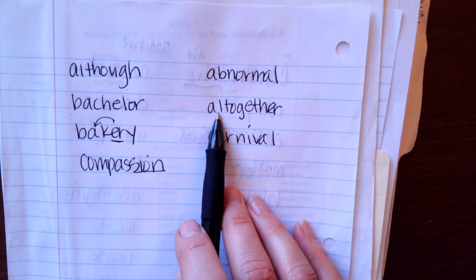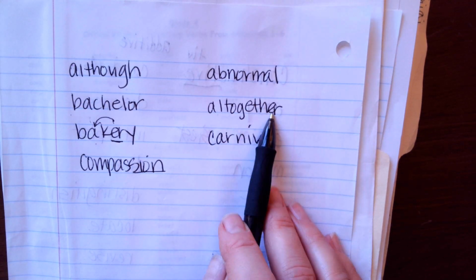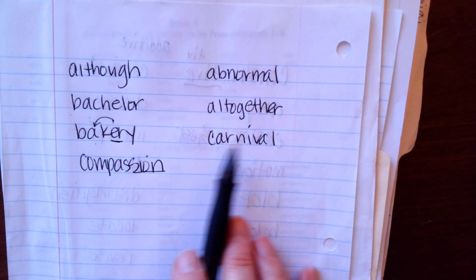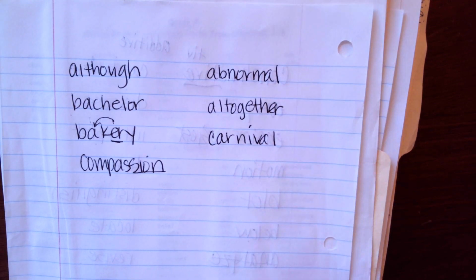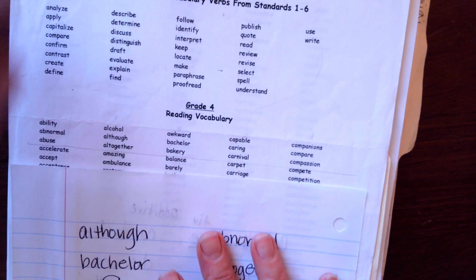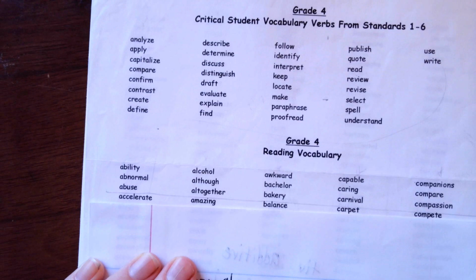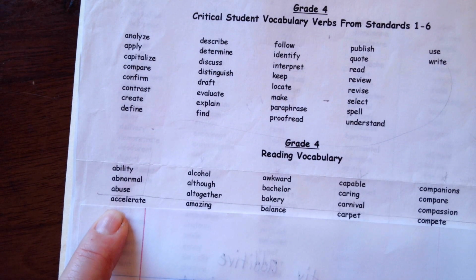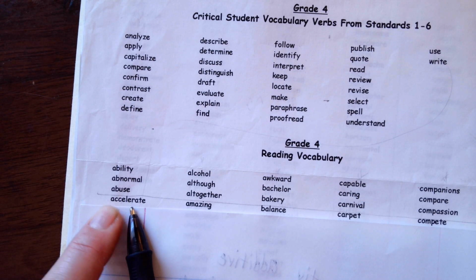This one is altogether, altogether. A-R makes R, A-L makes ol, carnival, carnival. Okay, next one is CE makes s, ATE makes 8, and ER makes er.